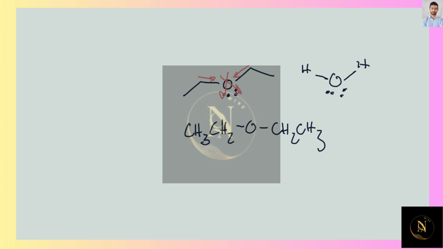But nevertheless, it's very similar to water, in which we get a net dipole, which points in the direction of the lone pairs, right? Maybe I'll draw the net dipole in a different color. Something like that. Okay.